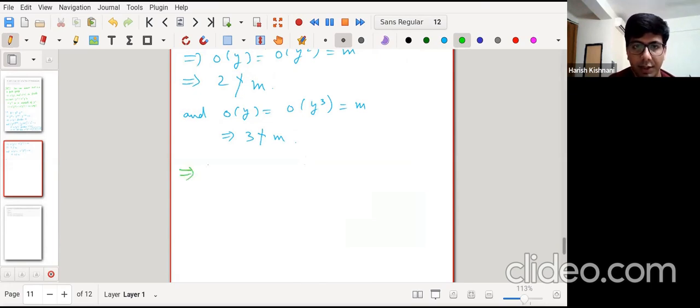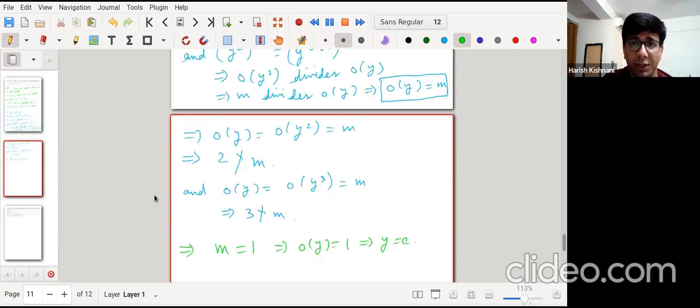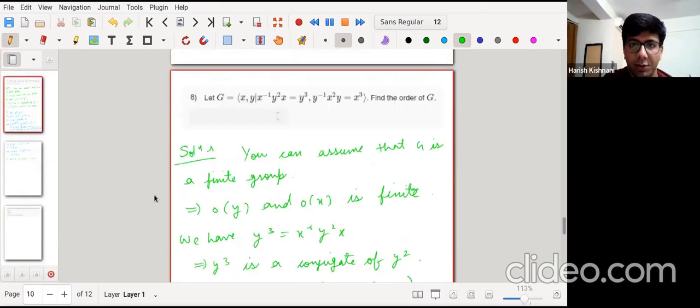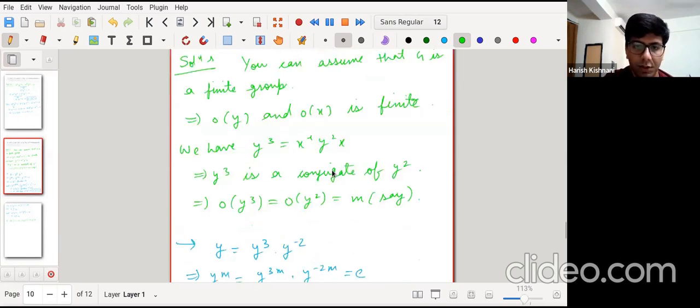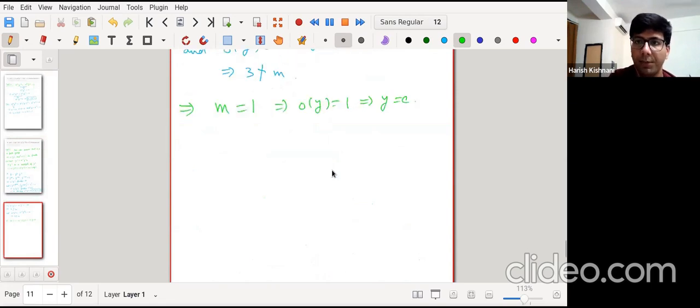So I'm just writing here that this implies m equal to identity, and that implies the order of y is 1, and that is y is identity. Similarly, by a similar technique, you can see that x square and x cube are also conjugate of each other. So use the same trick.